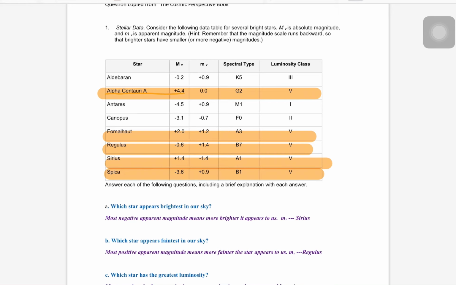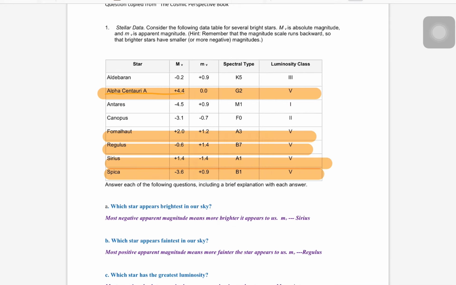And now, which one is more massive? The more massive will be the more luminous. And how do we do that? Of these four, the most negative number will tell you the most luminous star.